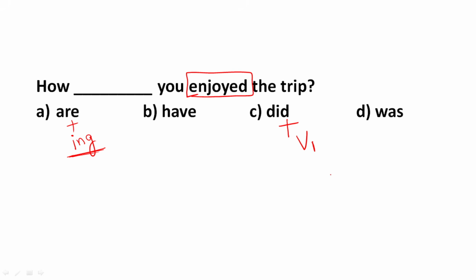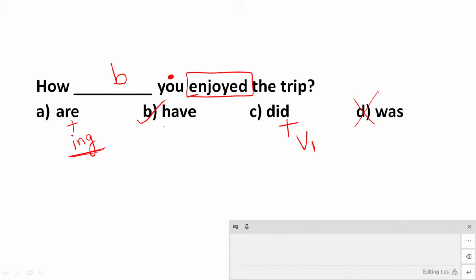So here, enjoyed is not the first form. And fourth option, instantly you can eliminate because here the subject is you, and you was is not the right grammar. So naturally, the right answer is option B, that is, how have you enjoyed the trip?